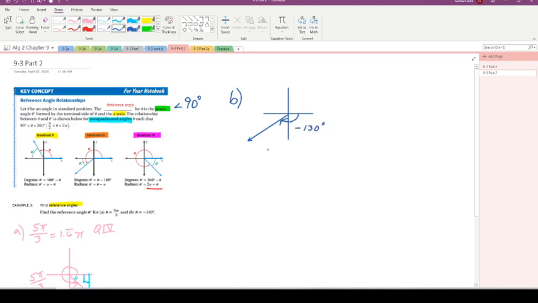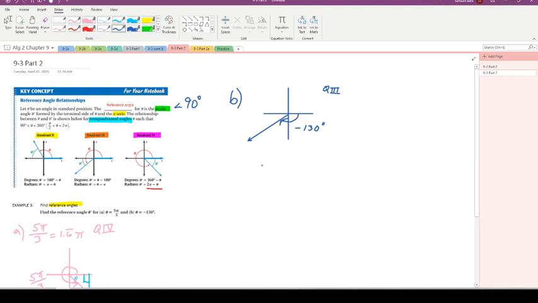All right, so what do I need? The first thing I need is to find the coterminal angle. Now before I even do that, what quadrant is that? That is quadrant 3. So in quadrant 3, I need to first find the coterminal angle.